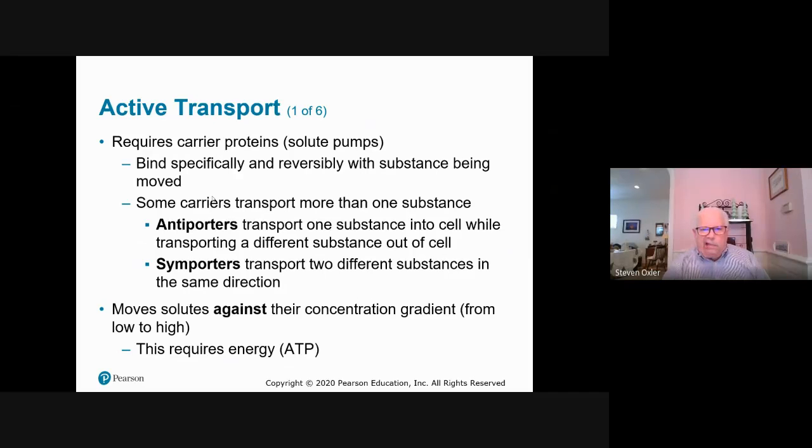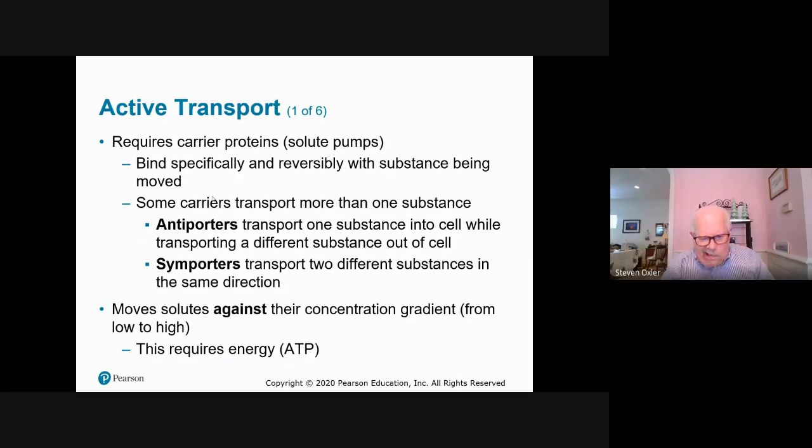Antiporters transport one substance into the cell while transporting a different substance out of the cell. Symporters transport two different substances in the same direction.